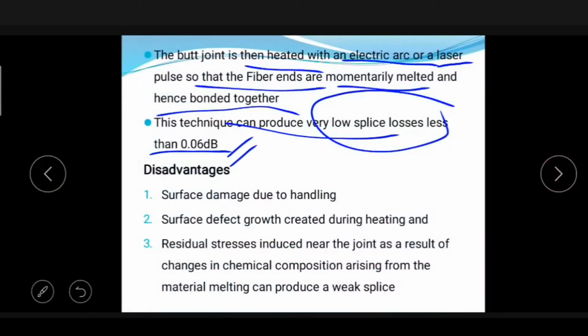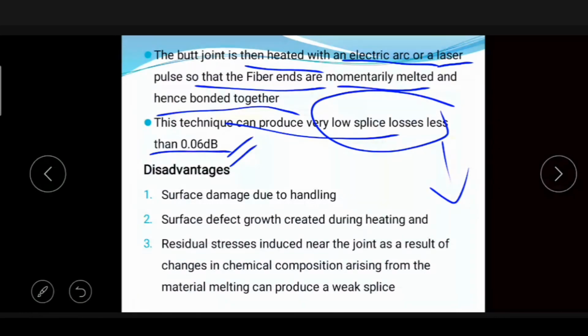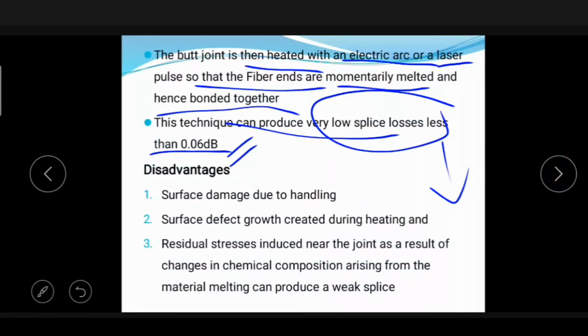So whenever the fibers are joined and thermally heated to bond, the loss should be less, because you know that the fiber is made up of plastic or glass, and we are using an electric arc or a laser to heat the fiber.